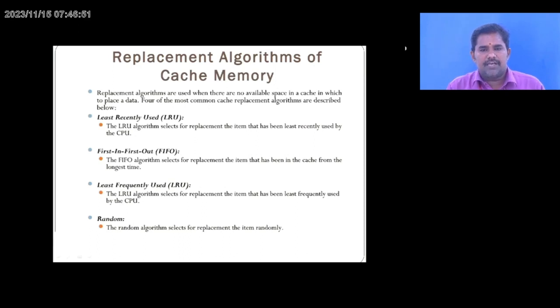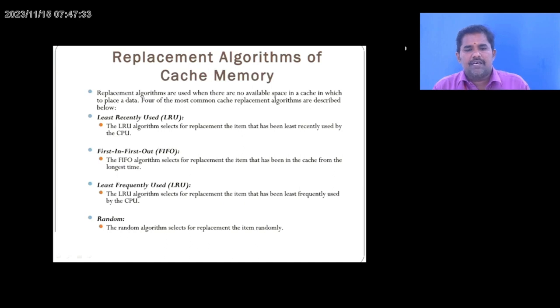Now some replacement algorithms for cache memory. Once we fill the cache, which means we are loading content from main memory to boost up the speed of a process, that is the actual working principle of cache memory. At some point the cache memory gets full, so we need to flush the cache memory. To erase content and make space to store new items, we use algorithms such as LRU, FIFO and least frequently used.